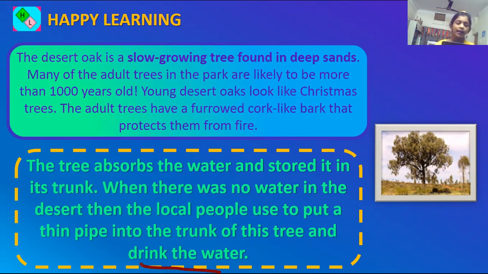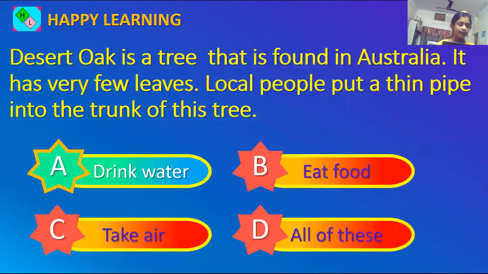So here is our answer: local people put a thin pipe into the trunk of this tree to drink water. So our answer would be drink water. Let's see. Yes, it is correct.